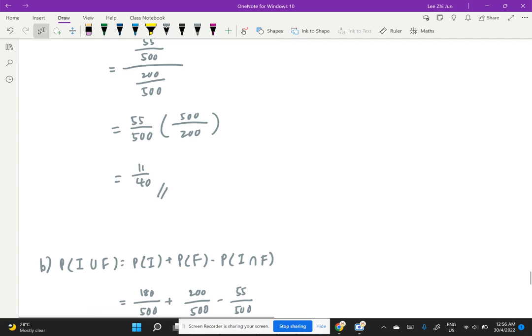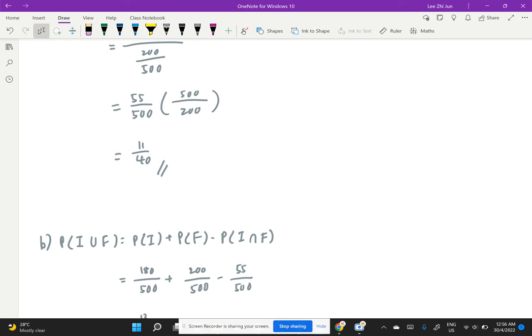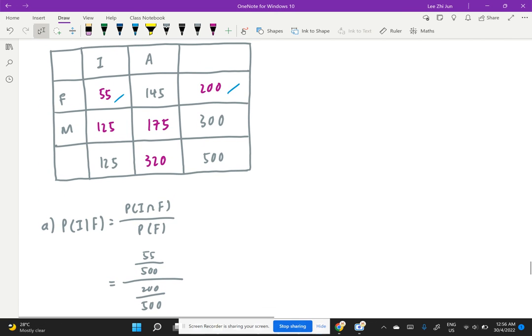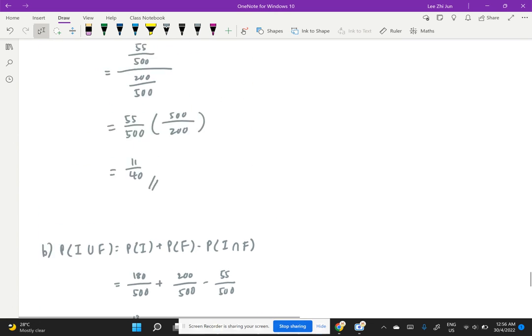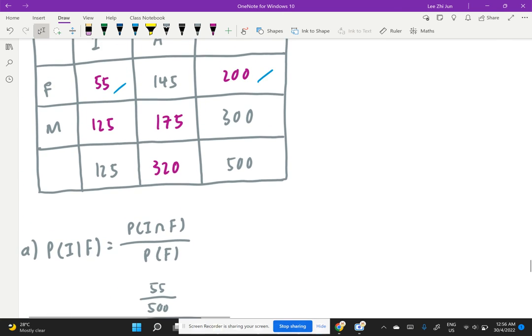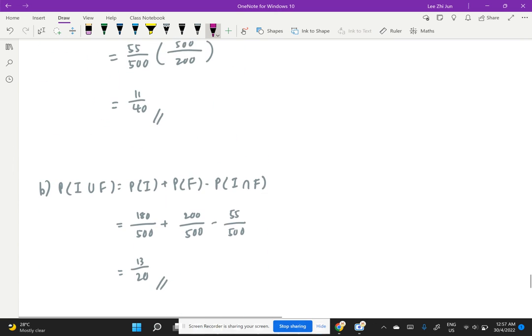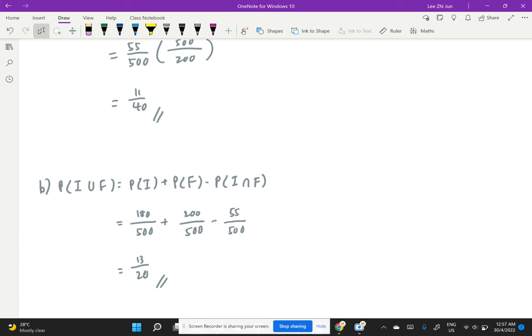In favor or female, so I use the addition rule: P(I) plus P(F) minus P(I∩F). 180 plus 200 minus 55, so I'll get 13 over 20. Sorry, I think I wrote this wrong: 125. Yeah, 180 is correct.